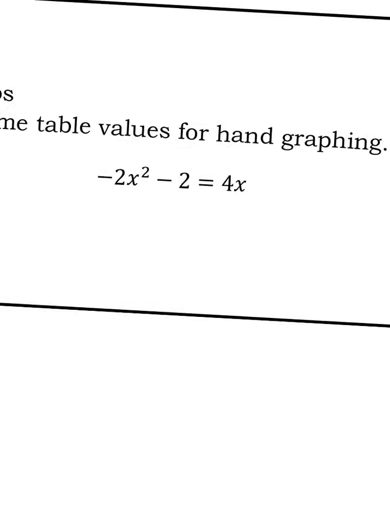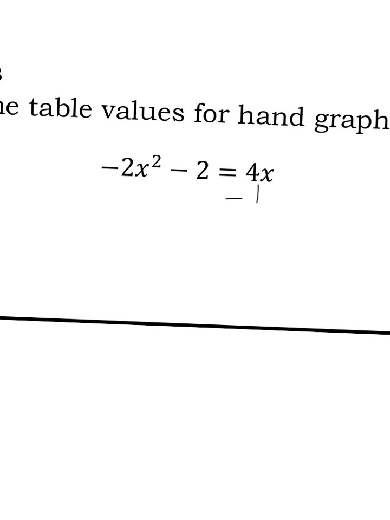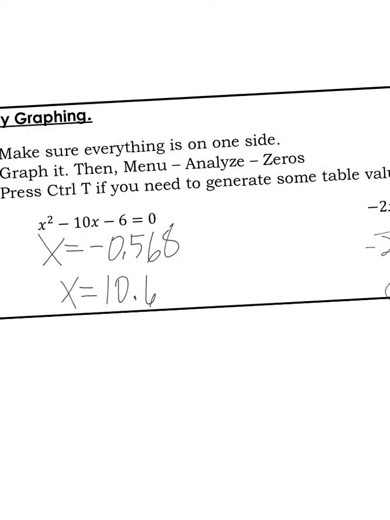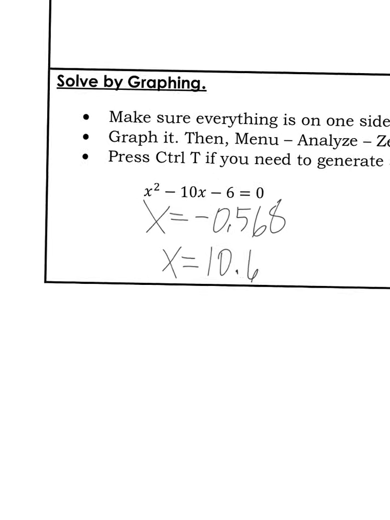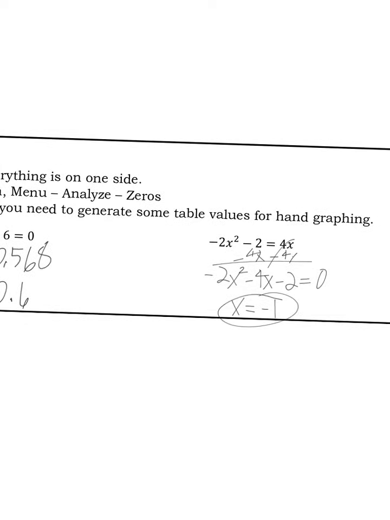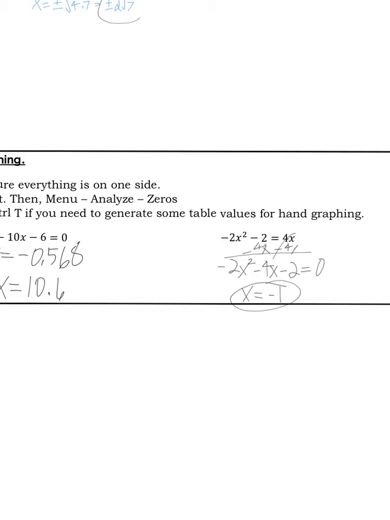But if it's not in standard form, all you have to do is minus this over, type it in, go menu, analyze the zeros, and you get one answer of x equals negative 1. So again, stay tuned for the video explaining the calculator stuff in greater detail, because it is just kind of weird to read it to you. If you need to pull up a table ever and manually graph some stuff, just hit Control-T.